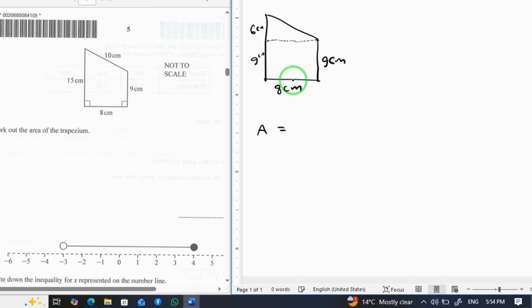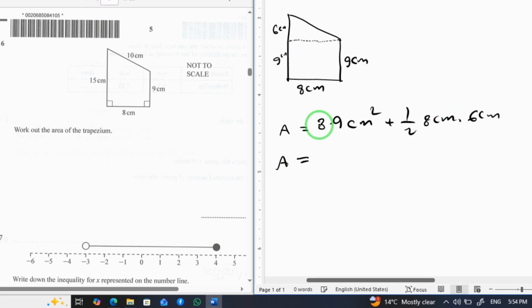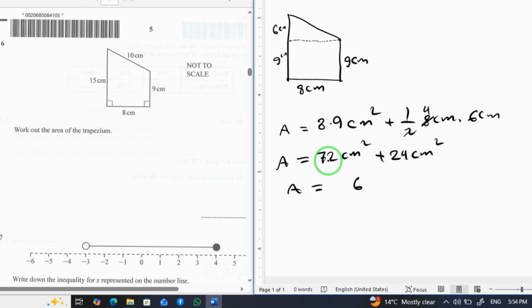The area of this figure is actually, we calculate this part first. 8 multiplied by 9 square centimeter plus 1/2, the base is 8 centimeters, multiplied by 6 centimeters, then is equal to 8 times 9, 72 square centimeter, plus 1/2 times 8 times 6, 24 square centimeter, then is equal to 96 square centimeter.